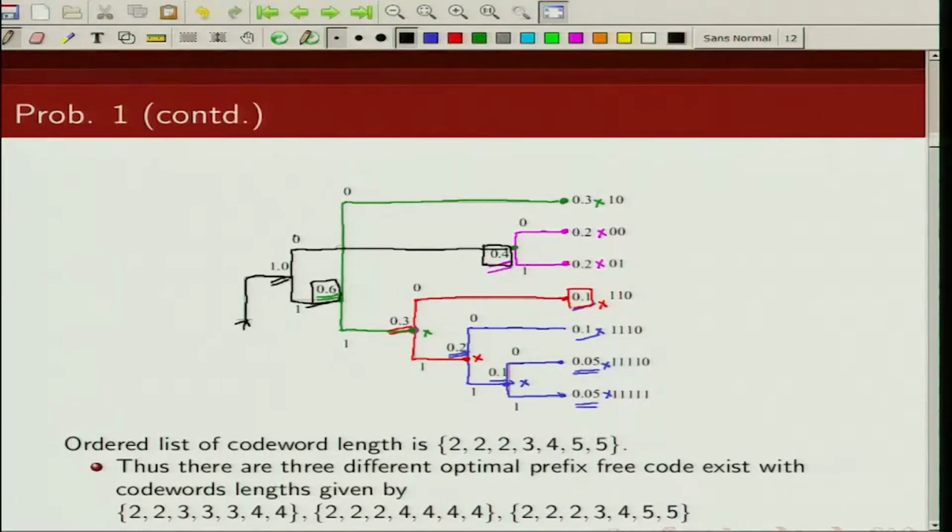And finally, as I said, I am going to assign zeros and ones to these branches.